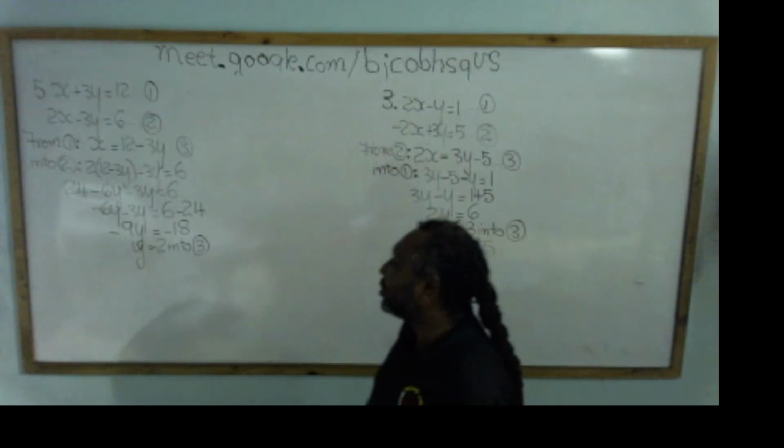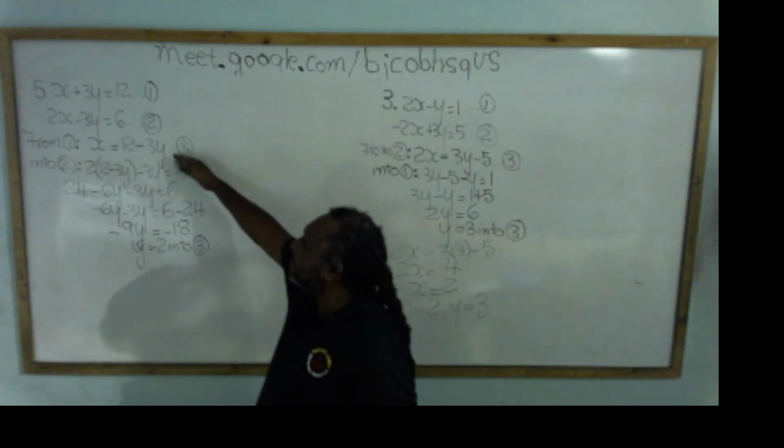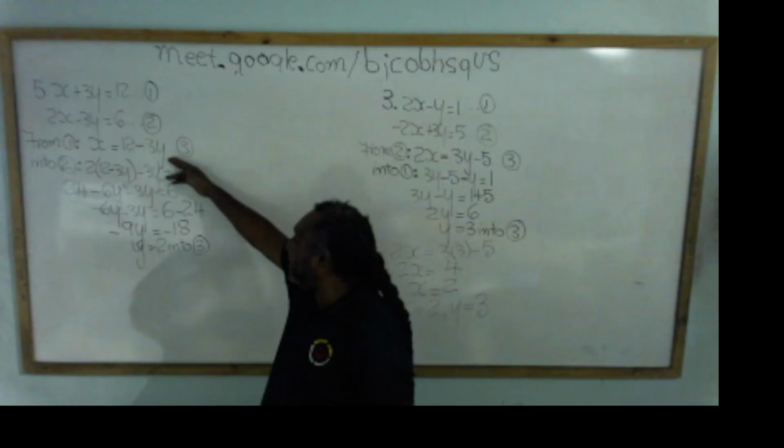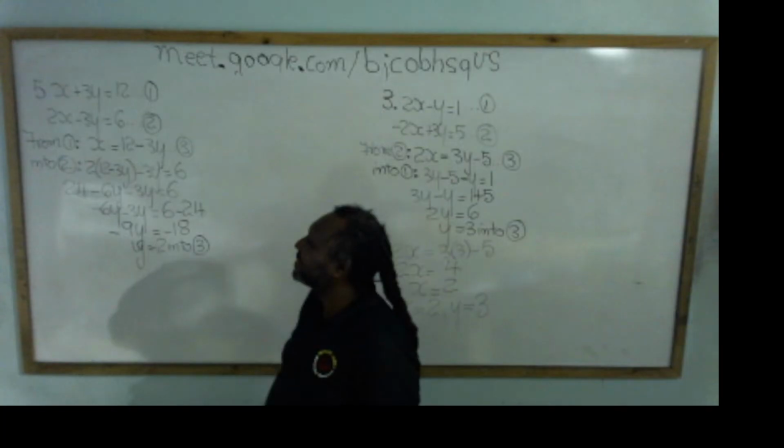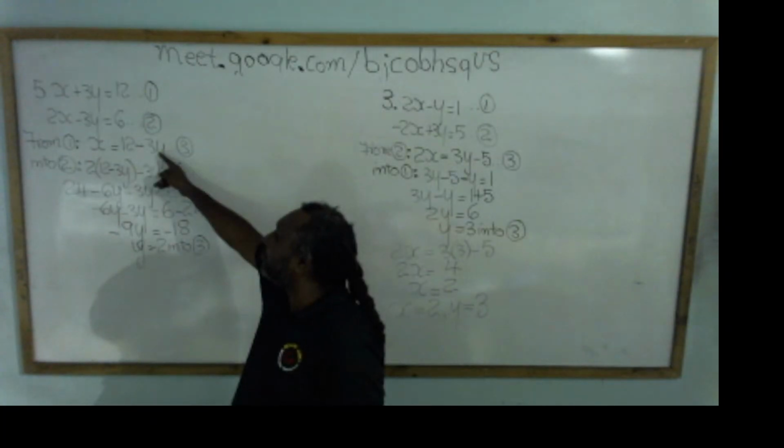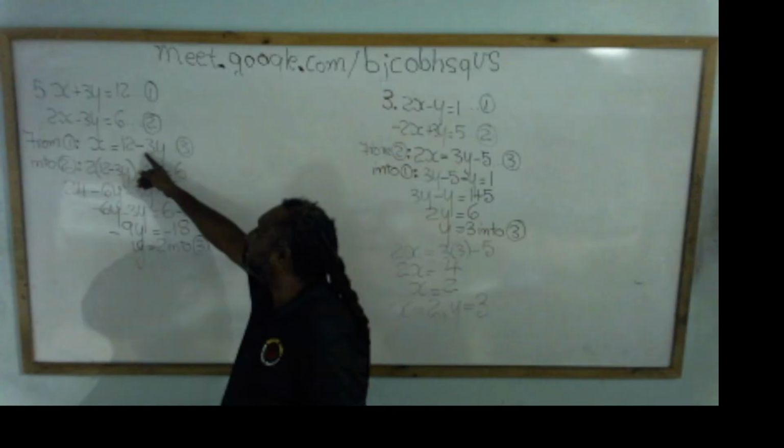So, right here, if y is equal to 2, what is x equal to? Put the 2 right here. 12 minus 3 times.